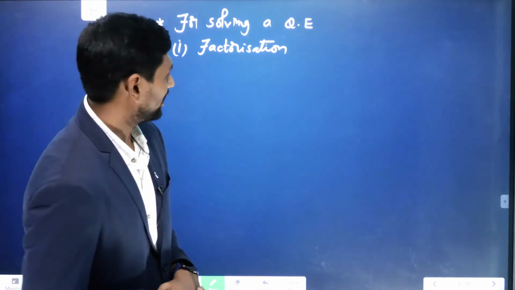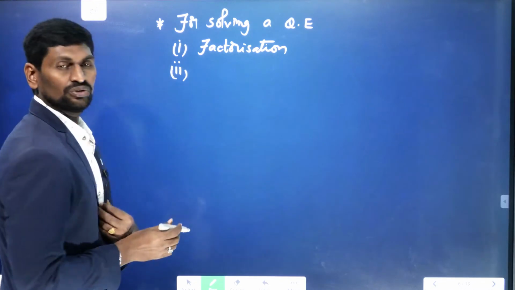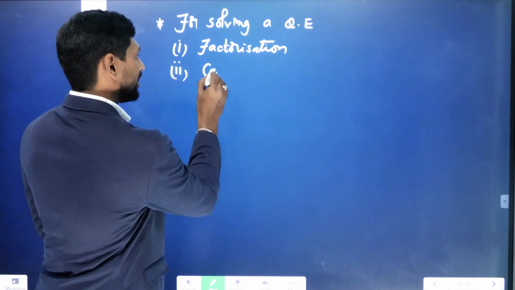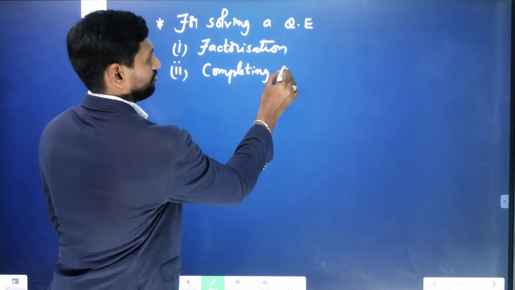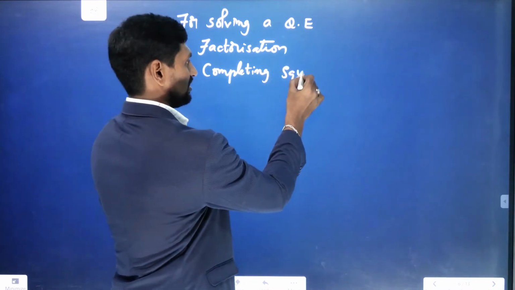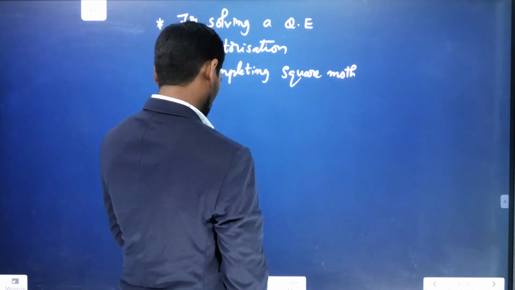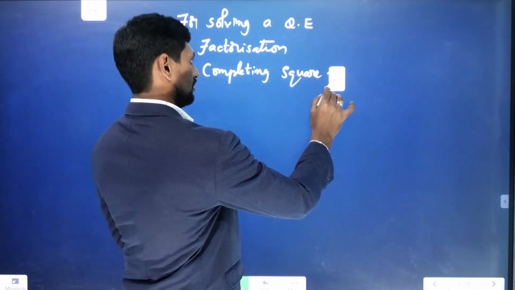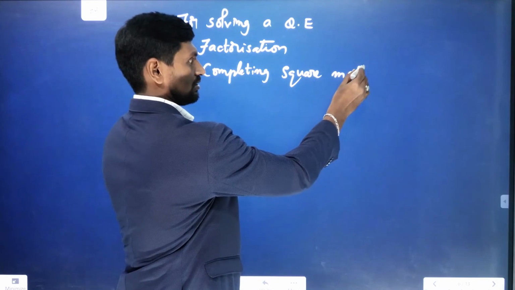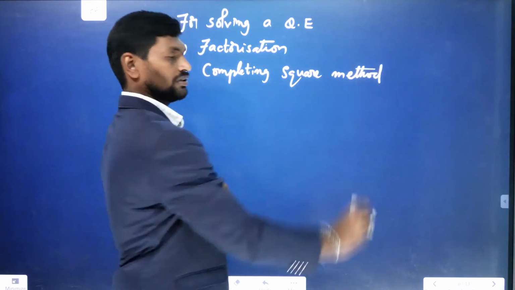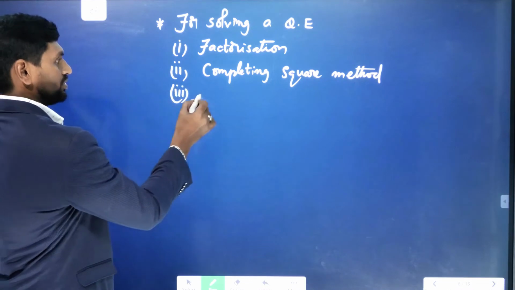Second one, we can use completing square method. Okay, na? Completing square method. And last one, using formula.